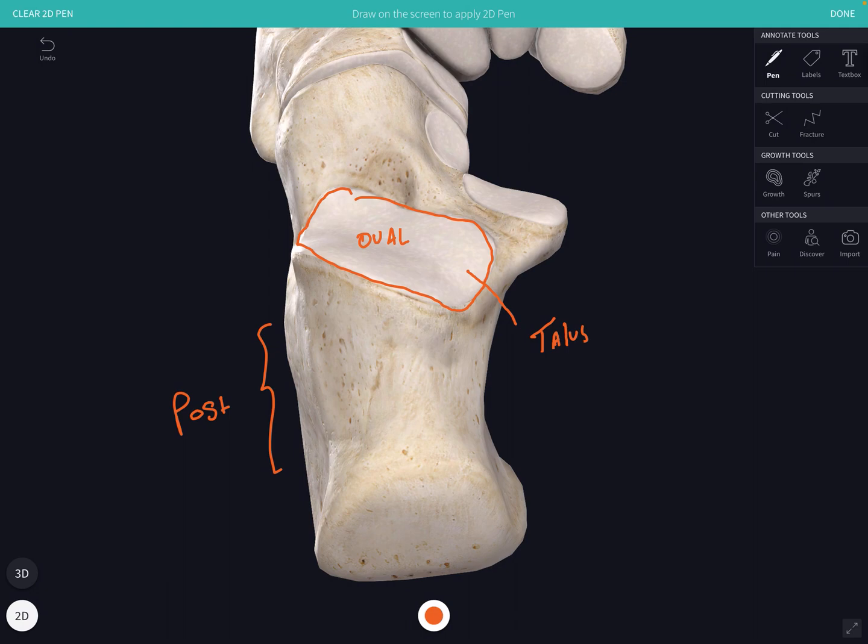Now, in front of this oval articular facet, we actually have a groove, and this groove is referred to as the sulcus calcanei.